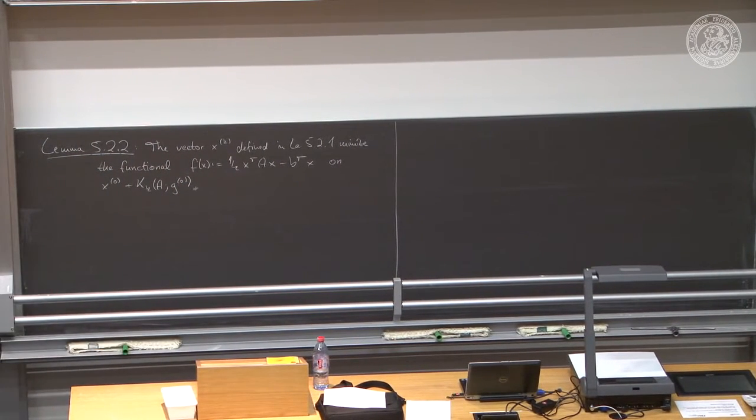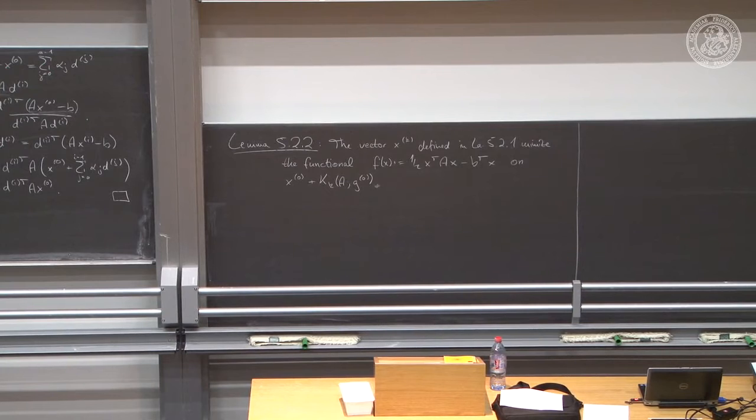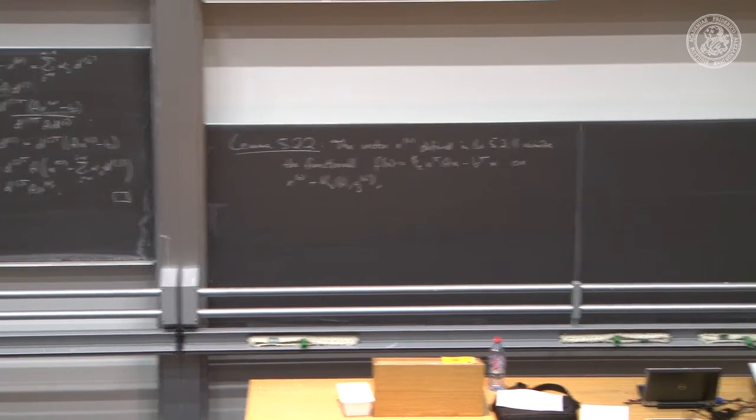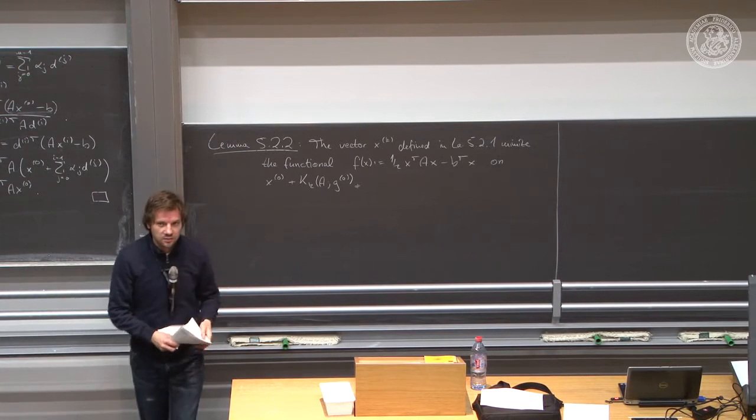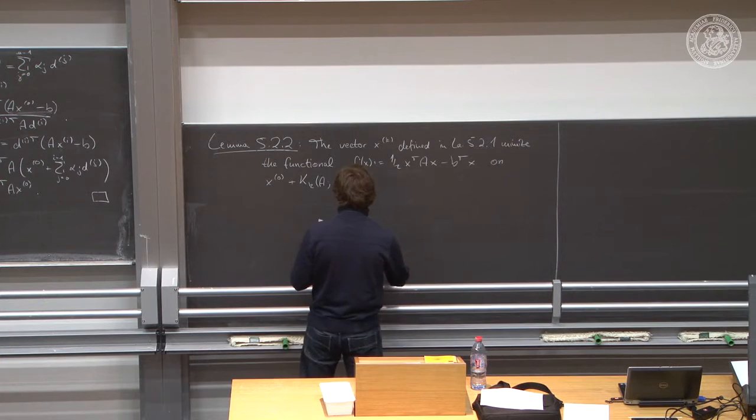And why this subspace, the span of the conjugate directions, is called K_k with the arguments A and g_0, we will understand in the next result.